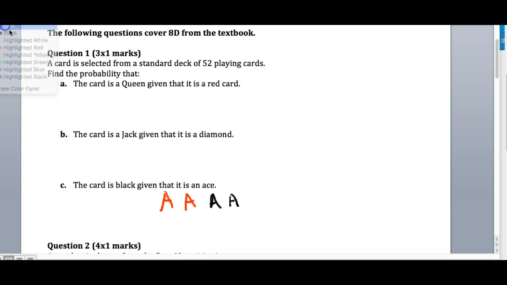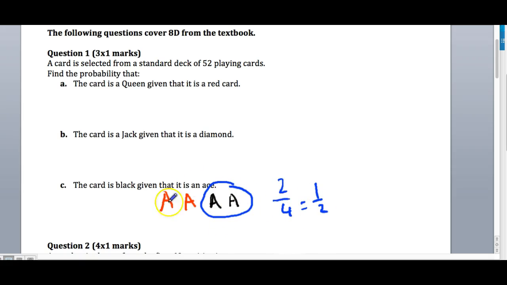So we're only looking at the 4. So the card is black given that it's an ace. So we already know it's an ace. So this is what we have got to choose from. And 2 of those cards are black. So it's 2 out of 4, which is a half. Okay, so that's simulating the conditional probability formula.